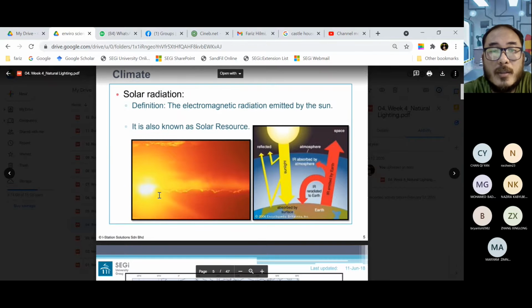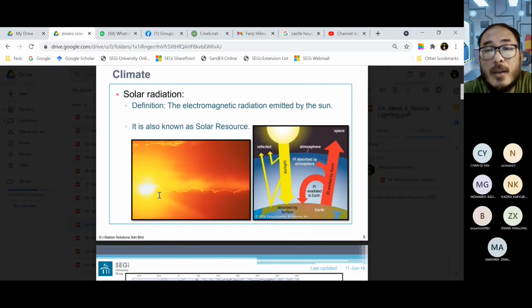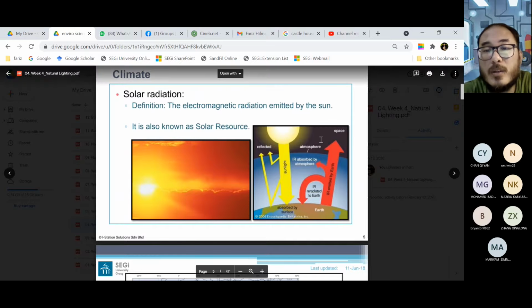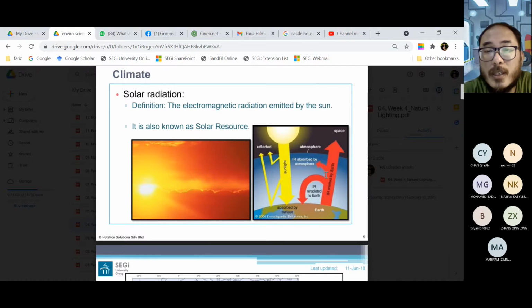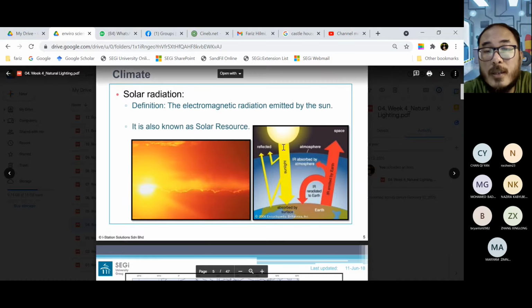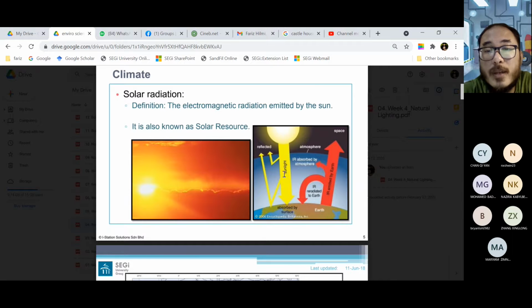Solar radiation, we know the source is the sun, and we are learning something new, which is how the sun enters our atmosphere. At first some of it is reflected by the molecules within the atmosphere, so it has a short reflection.